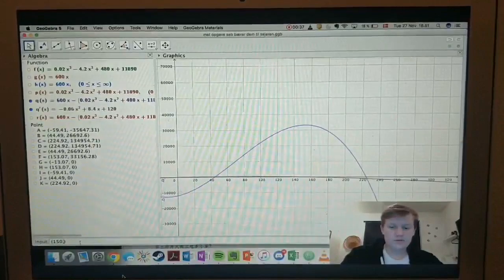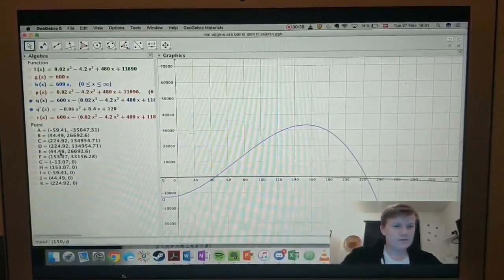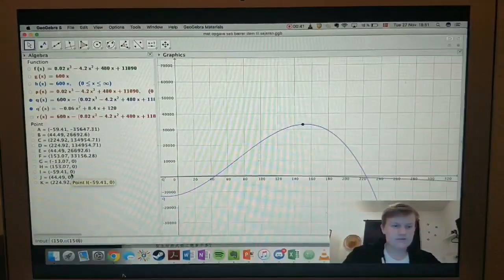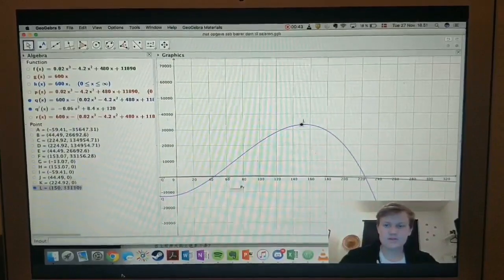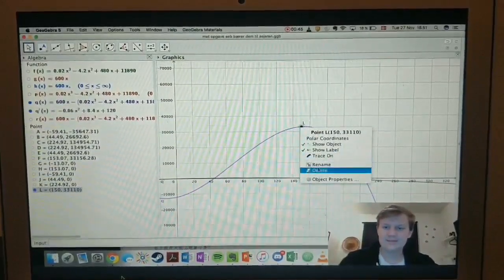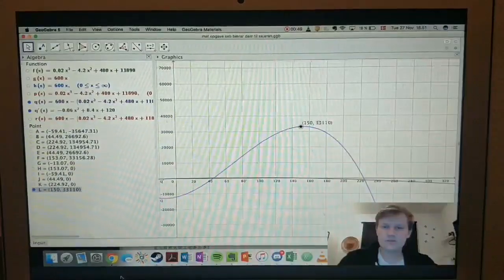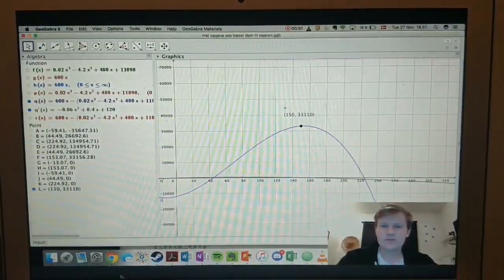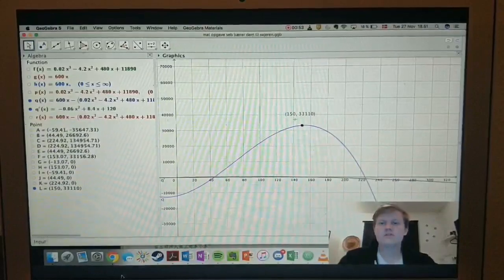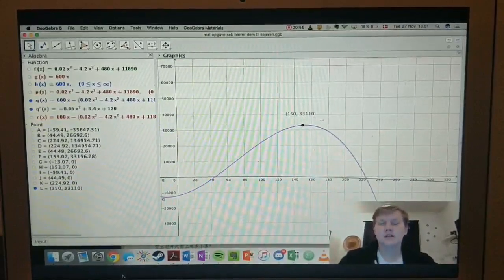So 150 and then the Q from up here, and then 150 again, and then you can see we have a point here called L. I'll just put the value up for it. Then we can see the value at producing 150 liters is 33,110 Danish crowns.